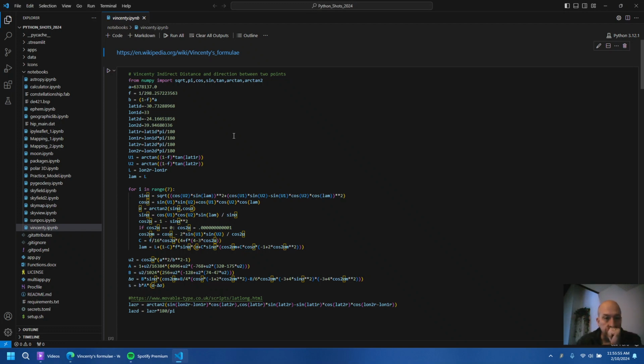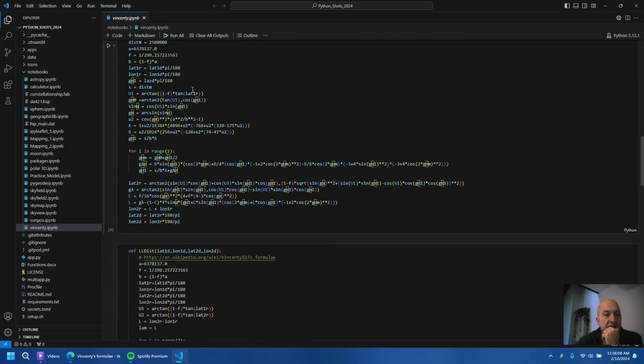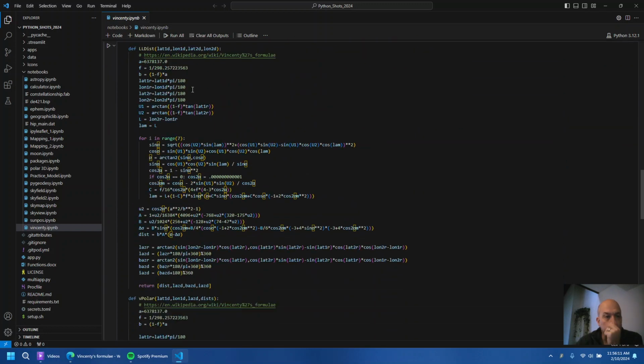So first, we're going to do the indirect, which is, as I make these functions, the first one, the indirect, I'm going to take latitude in degrees, longitude in degrees, and a latitude in degrees and a longitude in degrees, so 2 points, and we want to figure out what is the distance between them.